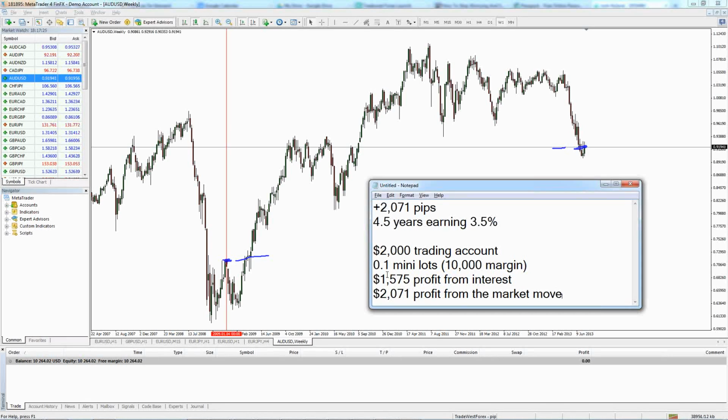You almost took a $2,000 account to almost $6,000. It was 4.5 years, but there was nothing else. It was very easy trading.